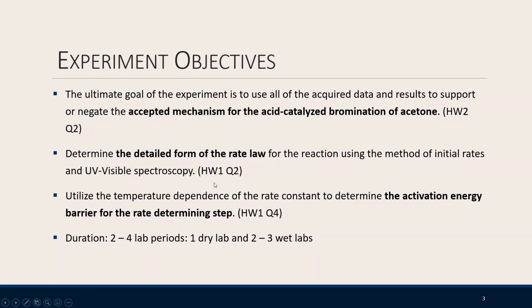So once you calculate the rate law and the activation barrier, relate back to the literature you found and compare with the results in the literature. Then you can come to the conclusion whether your results support that mechanism or negate that mechanism.